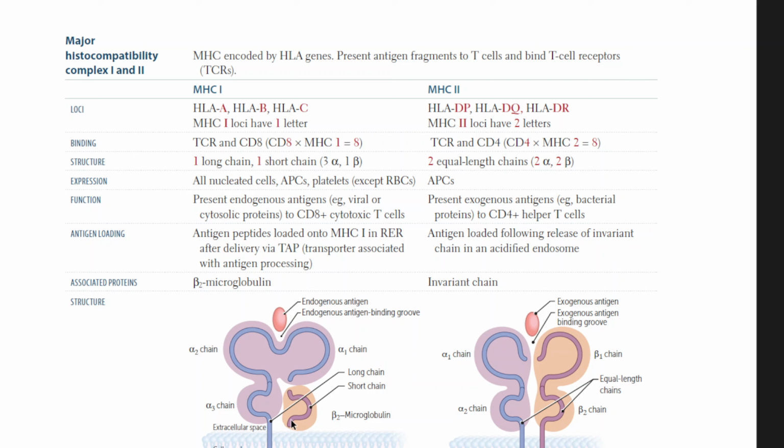It looks like a little cane. This is going to be B2 microglobulin, an associated protein. So this one is MHC1. Remember, MHC1 only has 1 leg. MHC2 has 2 legs.